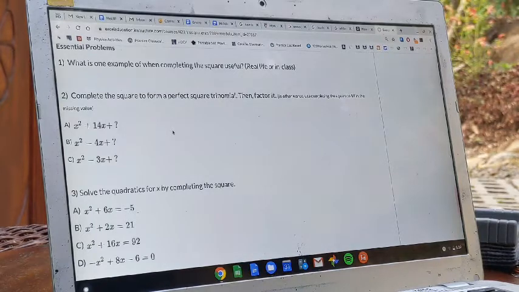If it doesn't factor very easily, you could try to complete the square next, and that would help you figure out the answer a little faster. This method is super complicated, very hard, but very useful. You'll need this in Algebra 2, you'll need this in Pre-Cal, you'll see this in Calculus down the way. So this gets referenced a lot. Okay, let's jump straight in.